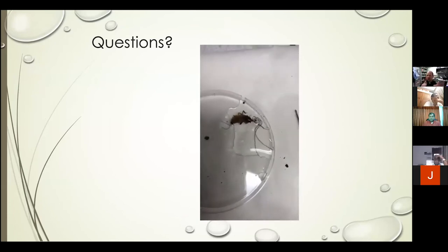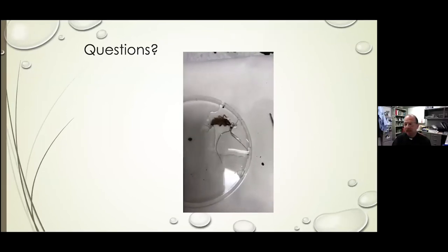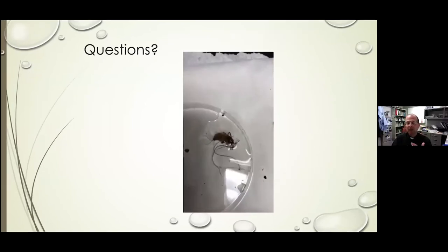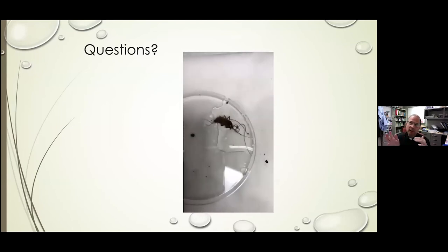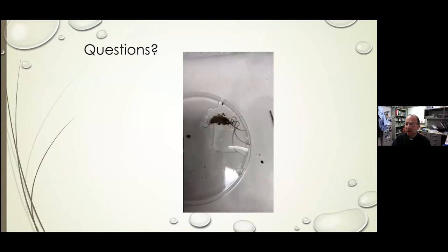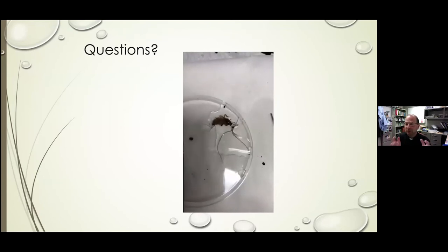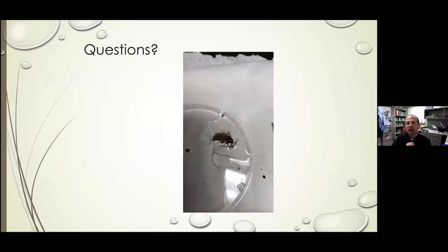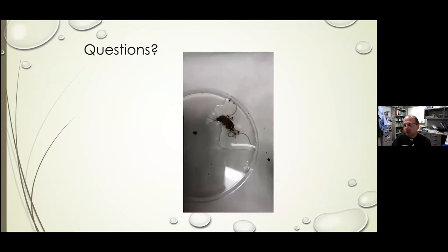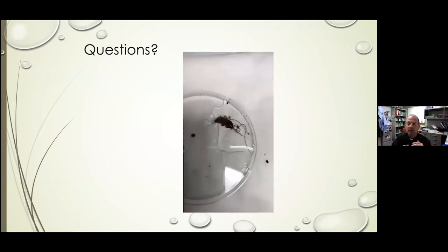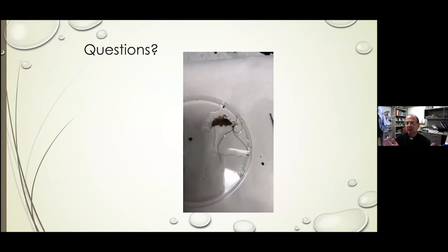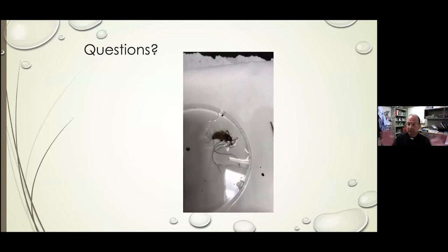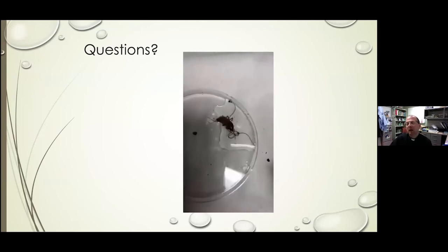If the water's polluted, that stage may not do so well. If any of those hosts are absent, because that first intermediate host can't be just any snail, it's usually a very specific type of snail, so if the snail host isn't there, or the second host isn't there, or the definitive host isn't there, then that life cycle is not going to continue. The parasite will go extinct in that local area.